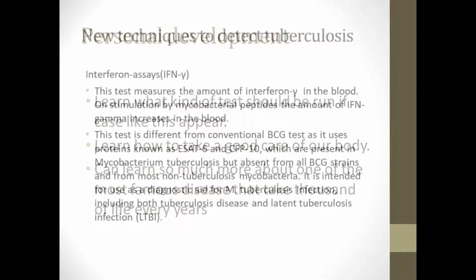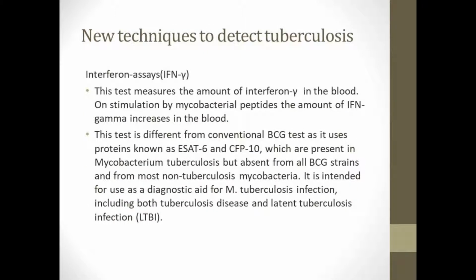This is the new technique to detect tuberculosis. This technique is called interferon assay. This test measures the amount of interferon gamma in the blood on stimulation by Mycobacterium peptide. The amount of interferon gamma increases in the blood.